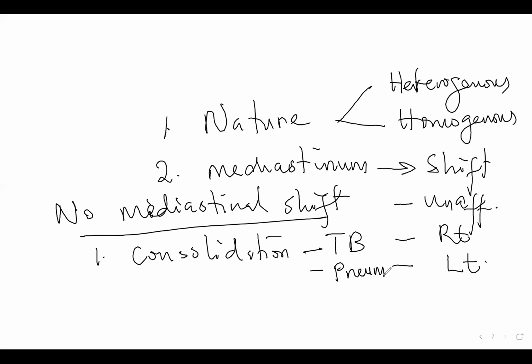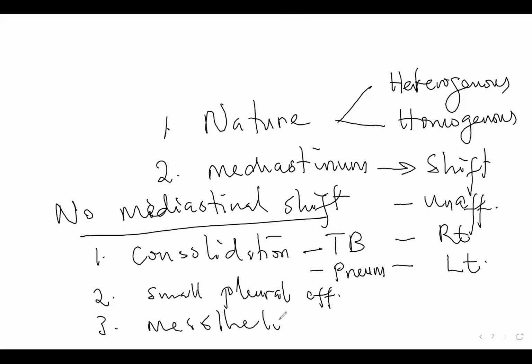Okay? TB, pneumonia without effusion. There will be heterogeneous opacity without mediastinal shift. Two, you might have just a small pleural effusion, not large enough to cause shift. Three, you might have conditions like mesothelioma. This can cause no mediastinal shift.